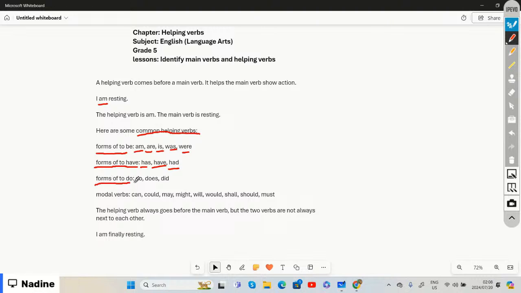And forms of to do are do, does, did. And then we also have modal verbs. Our modal verbs are words like can, could, may, might, will, would, shall, should, and must.